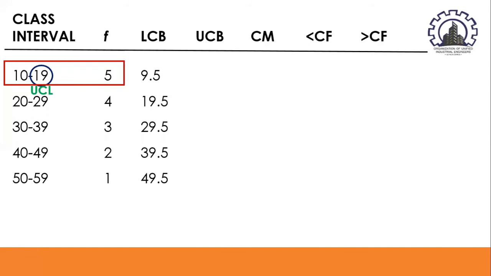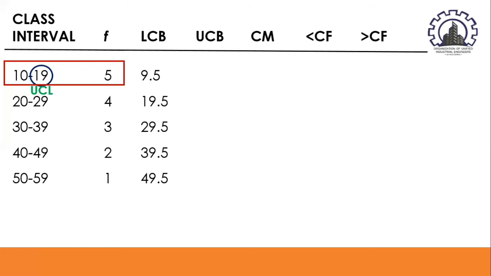Now that we have gotten the value of your LCB, the next thing that we need to do is to get the value of your upper class boundary. What's an upper class boundary again? As defined earlier, it is the middle value between the upper class limit of the class and the lower limit of the next class. As you can see, 19 is your upper class limit of the class, and our class is the one boxed in red.